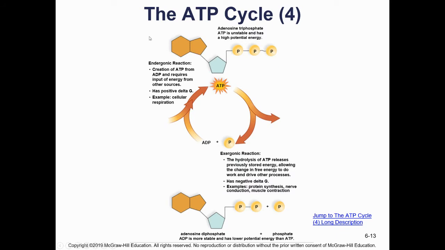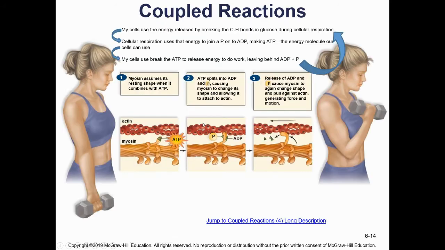So I'm ready to go do that again and break off that phosphate, get energy to do work, and then use some of the energy from breaking down my glucose to put my phosphate back onto my ADP. So it's this continuous cycle. And just like with our laws of thermodynamics, I have to constantly be putting in more energy. I have to constantly be putting in more glucose. I always have to eat.